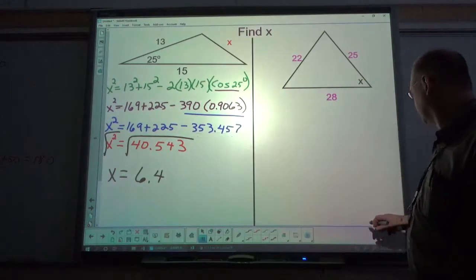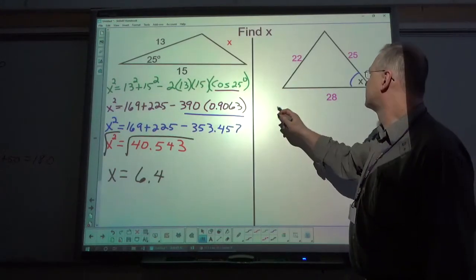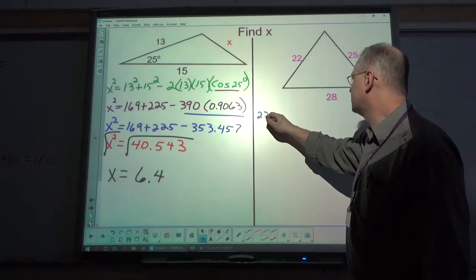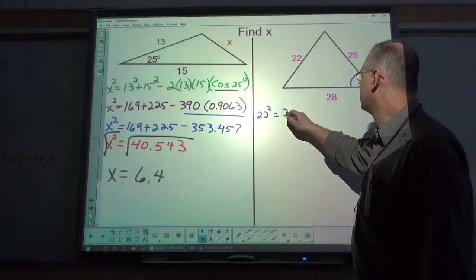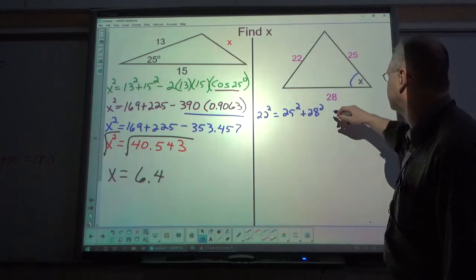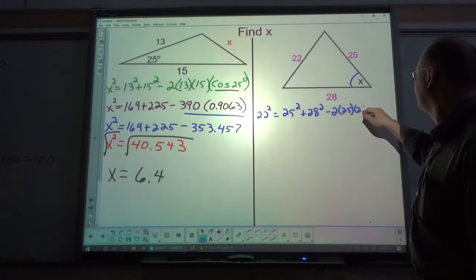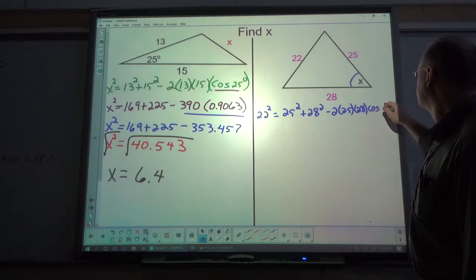In this example, I have an angle. So it's the side across from it, 22 squared equals 25 squared plus 28 squared, the two sides, minus 2 times 25, 28 cosine of x.